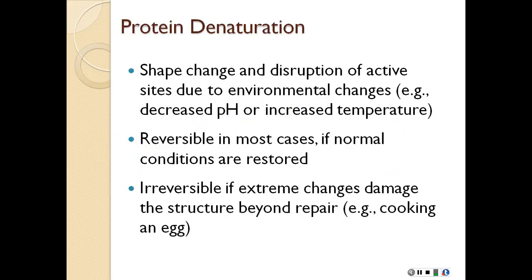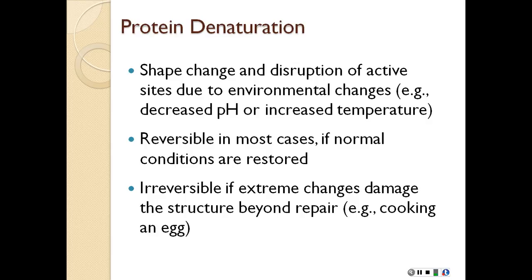Protein denaturation. One of the things about proteins is that the shape of the protein sometimes determines how the protein works. So if the protein changes shape, it no longer functions the way it's supposed to. There are factors to consider, such as pH and temperature. If a protein undergoes a rapid change in pH or temperature, then that can denature the protein and prevent it from working.